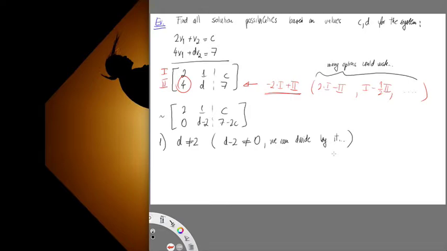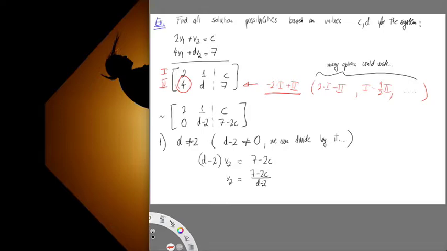So in that case, I will have that D minus 2 times x2 is equal to 7 minus 2c. So my x2 is simply 7 minus 2c over D minus 2. There's something that crept in here.